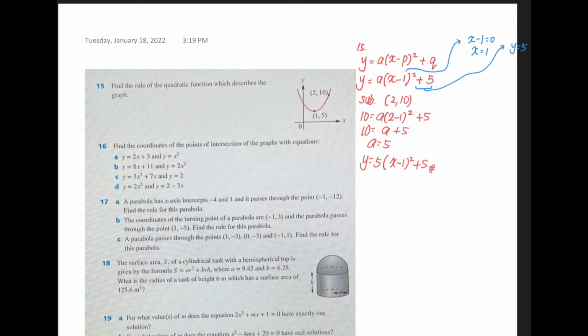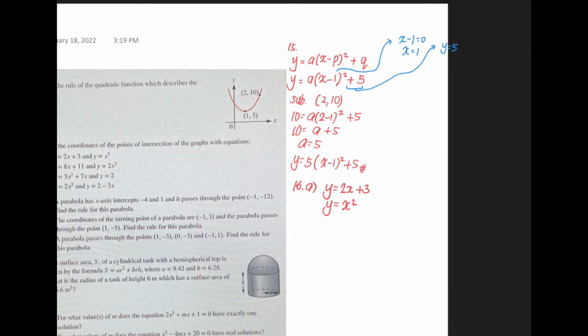So basically what to do here is we have to do simultaneous equations. So for question 16a, we have y equal to 2x plus 3, then we have y equal to x squared. We put them as equation 1 and equation 2.